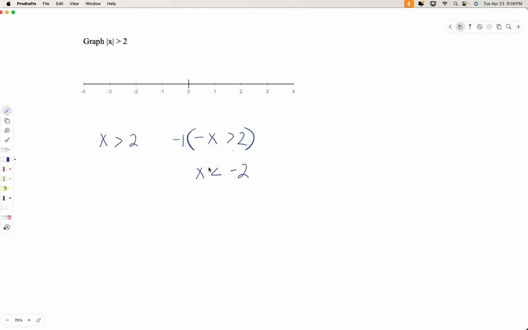Opposite of negative is positive. Opposite of greater than is less than. Opposite of positive 2 is negative 2. So these are the two things we graph. There is no equal sign, so we're going to circle the negative 2, and we're going to circle the positive 2. Now this is x is greater than the positive 2, so it goes this way. And x is less than the negative 2, so it goes this way. Done. Right?